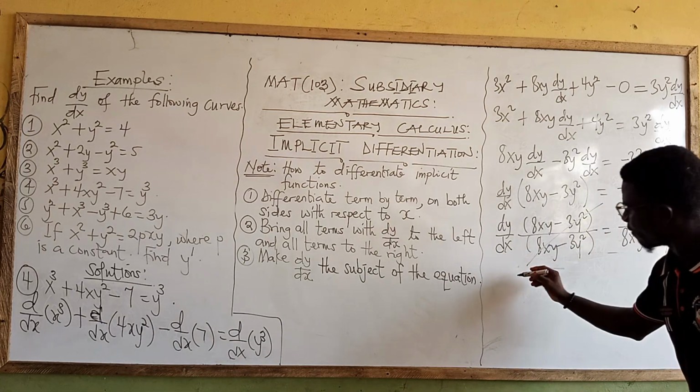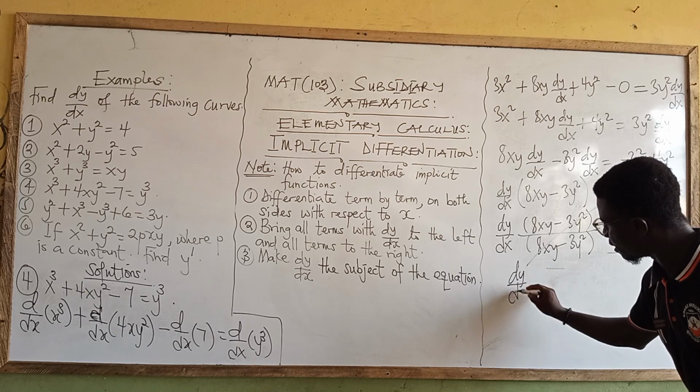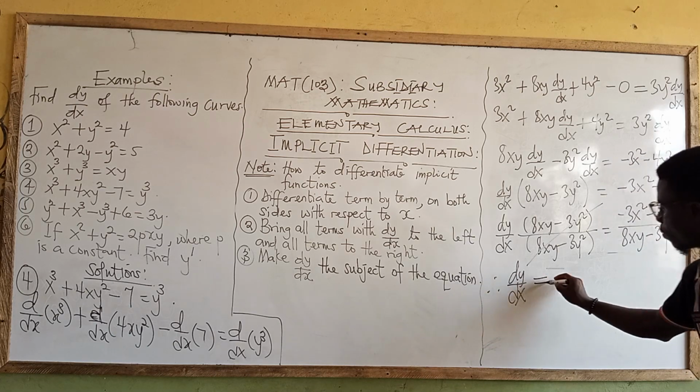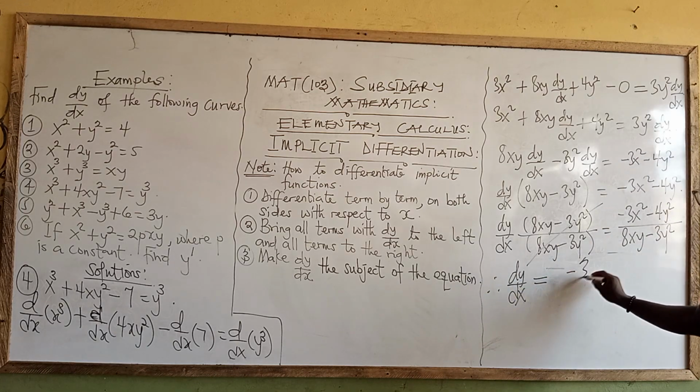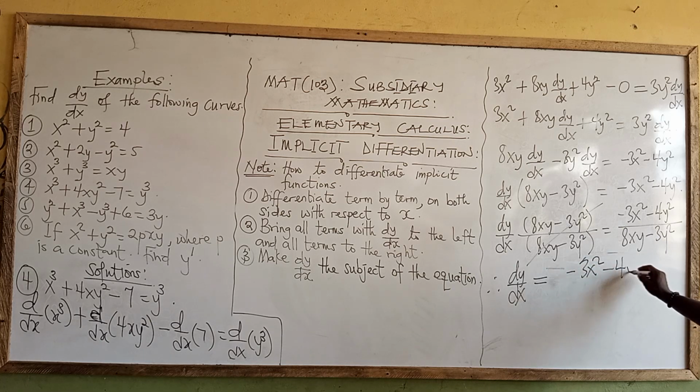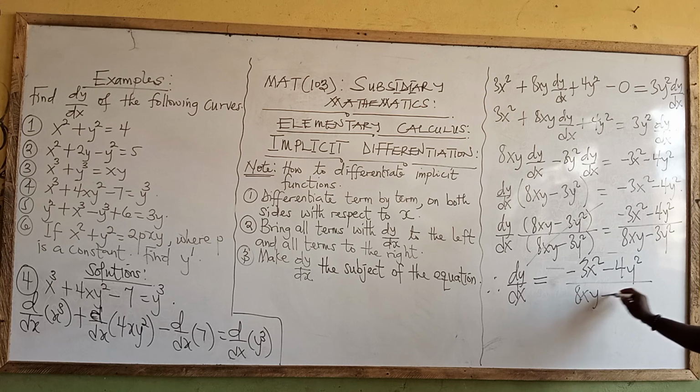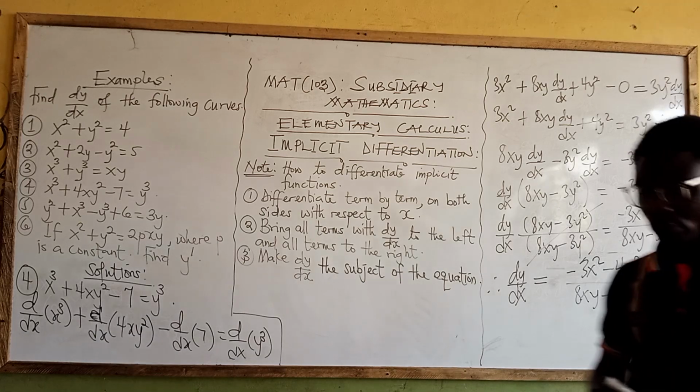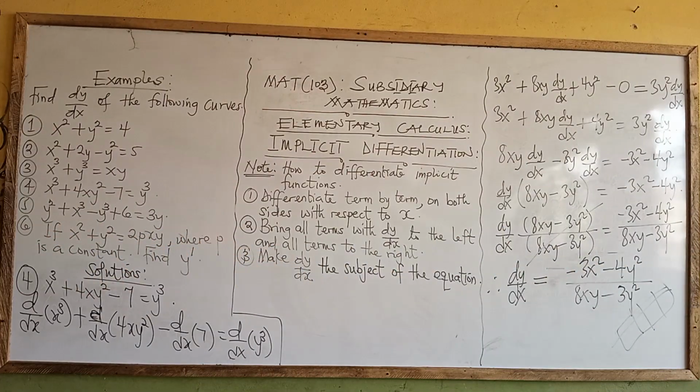Therefore, dy over dx must be equal to negative 3x squared minus 4y squared all over 8xy minus 3y squared. So that is our derivative of y with respect to x using implicit differentiation.